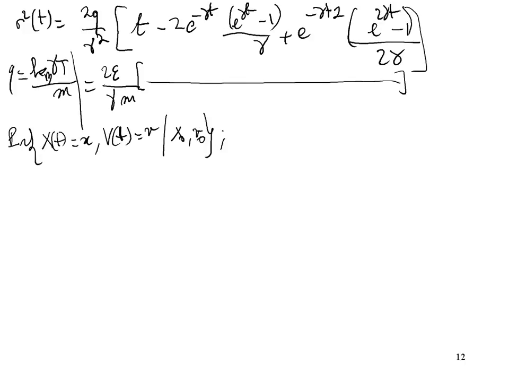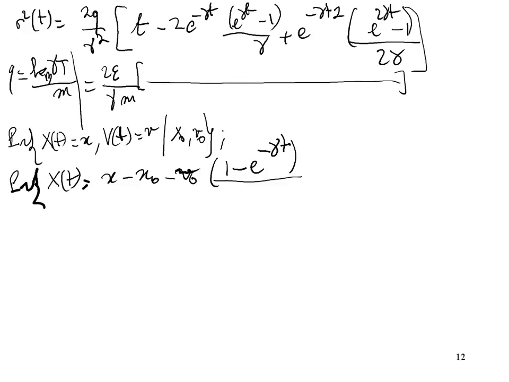We can also calculate the marginals, for example the probability that x of t equals x minus x0 minus v0 times 1 minus exponential of minus gamma t divided by gamma. We already said that this quantity, conditioned on the initial position, is what we will look at.